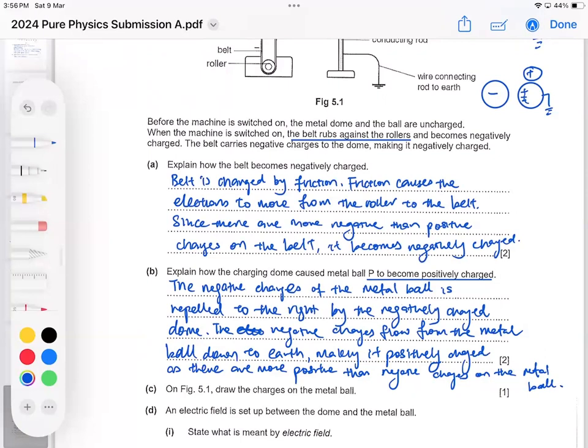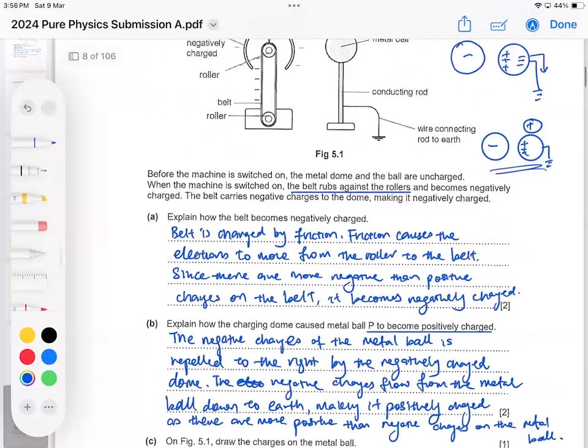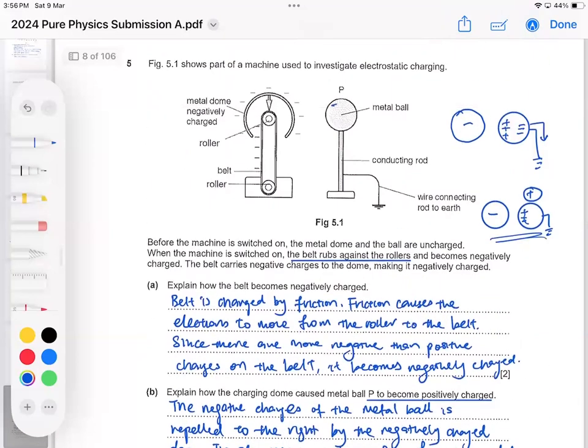We draw the charges, actually, we accidentally drew it here. It's actually this setup here. So we can just draw a few charges here already.